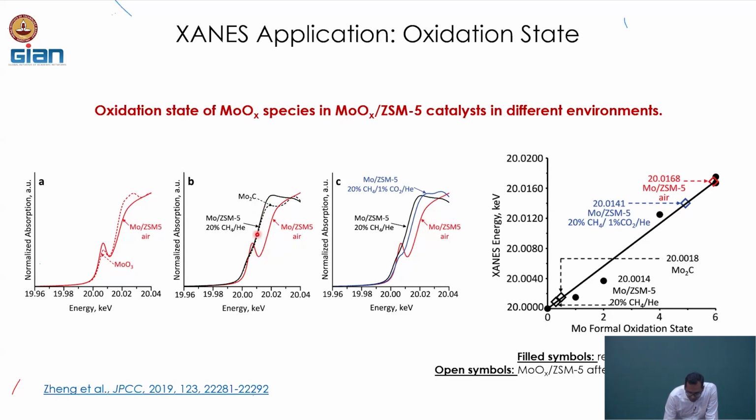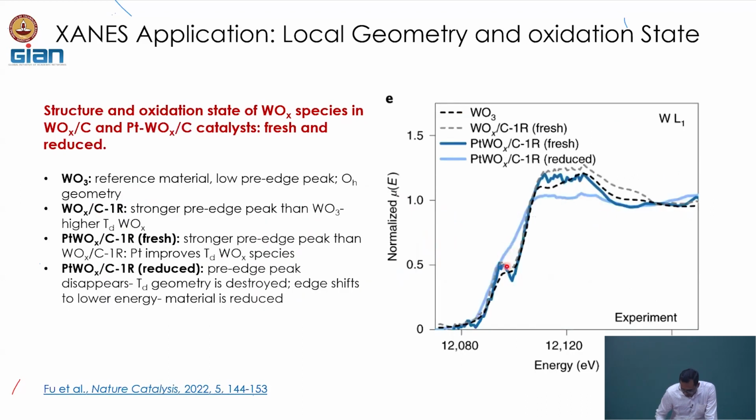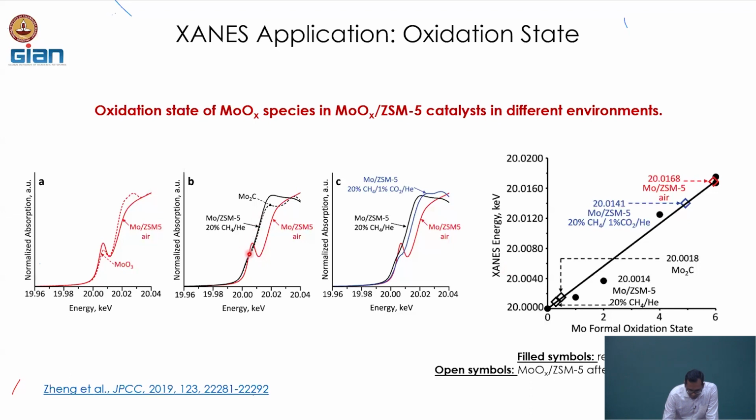When the catalyst is reduced, just as we saw in the previous example, the pre-edge peak is gone. For the solid black line, which is moly ZSM5 exposed to a reducing environment of 20% methane in helium, we have that pre-edge completely gone.